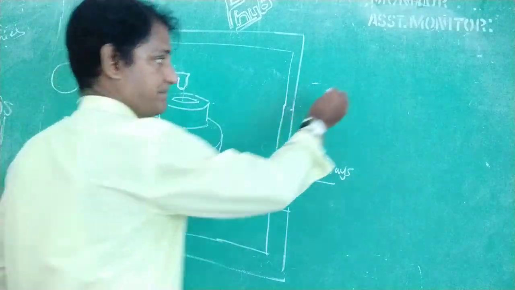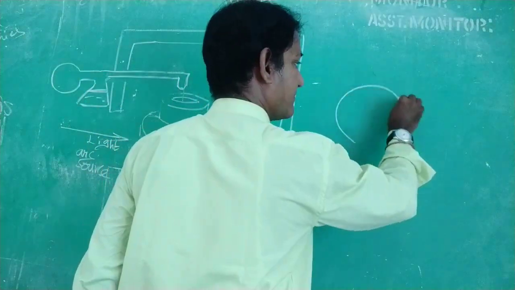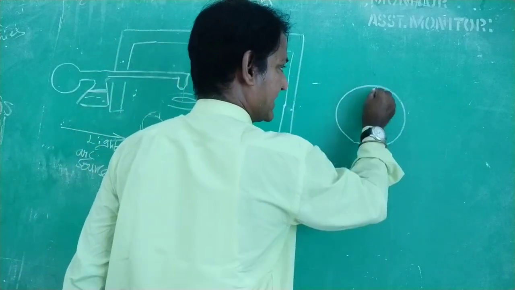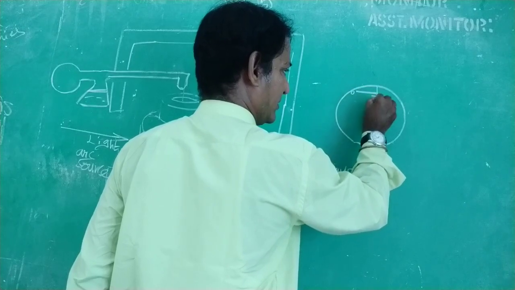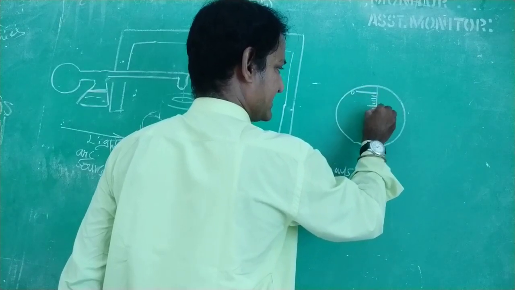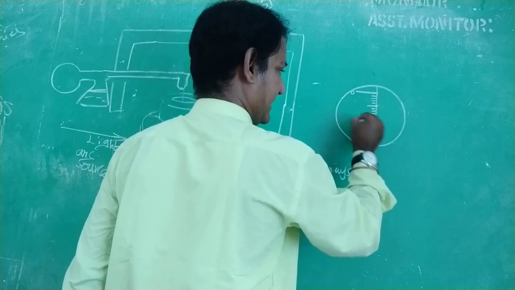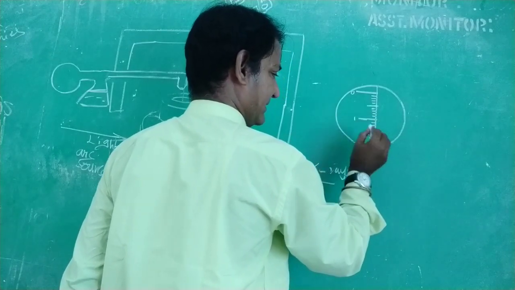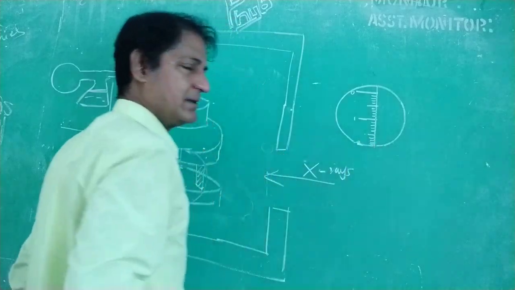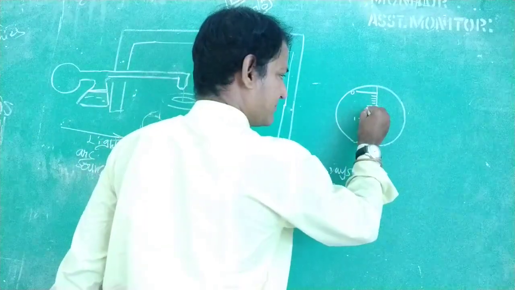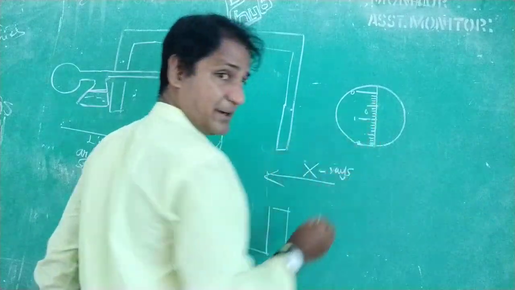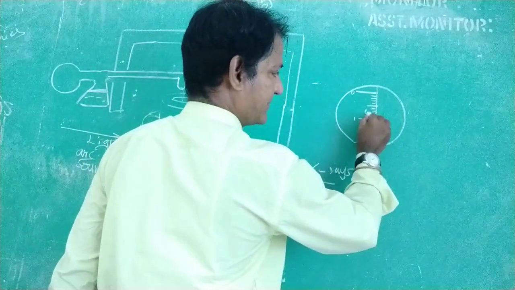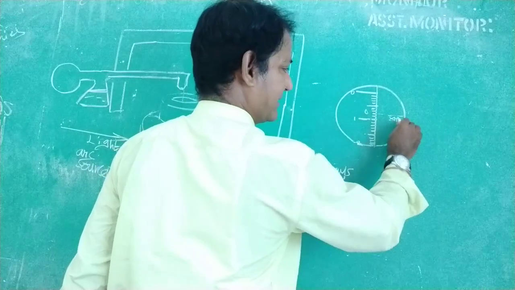For example, this is the eyepiece which has some measurements. This is 0, 1, 2, 3, 4, 5, 6, 7, 8, 9, 10. Whenever the oil droplet comes here, for example 5, 6, 7, 8, let me take the unit as millimeter, right?